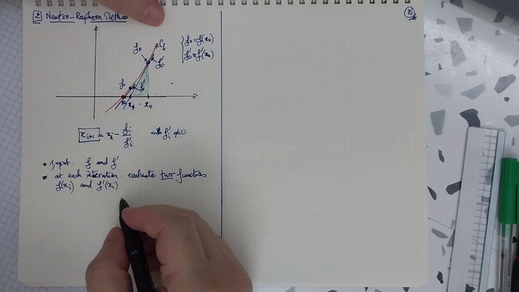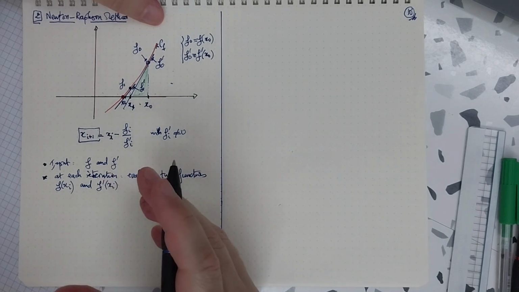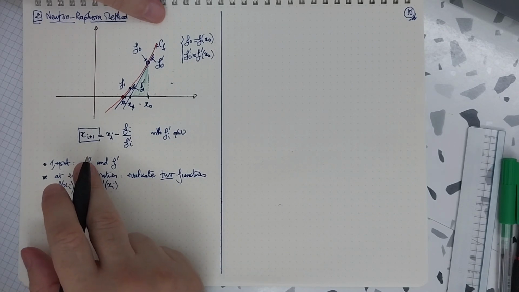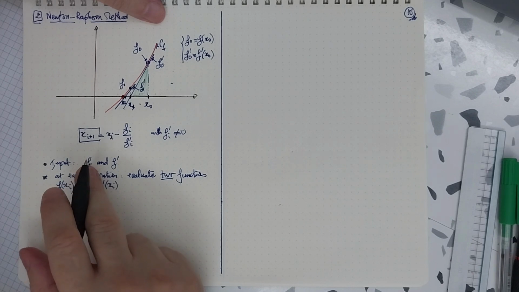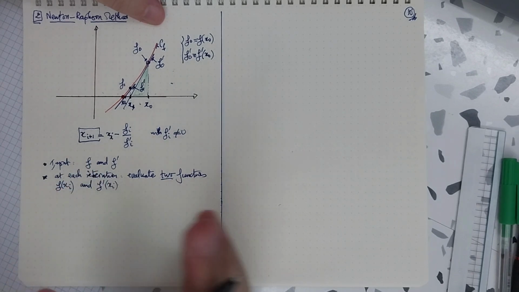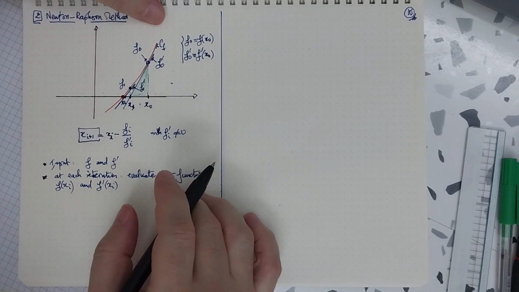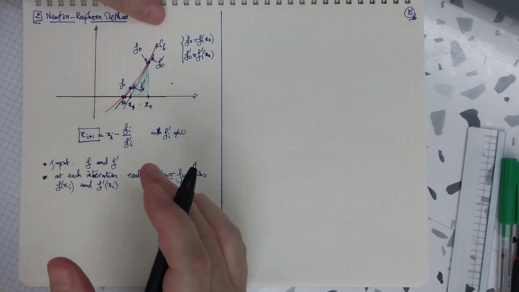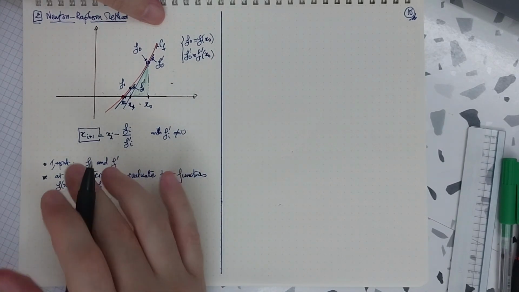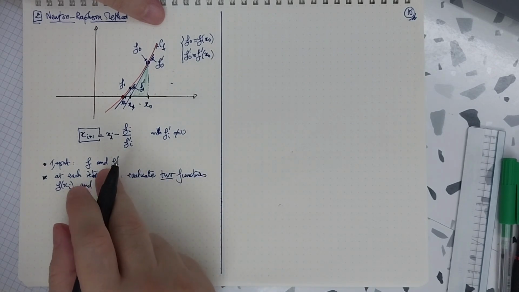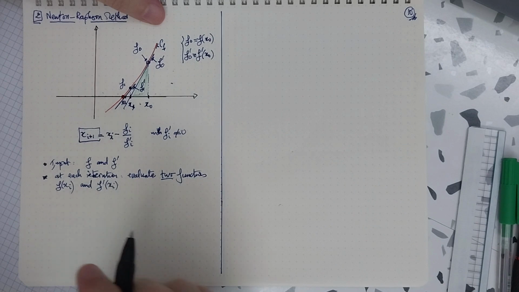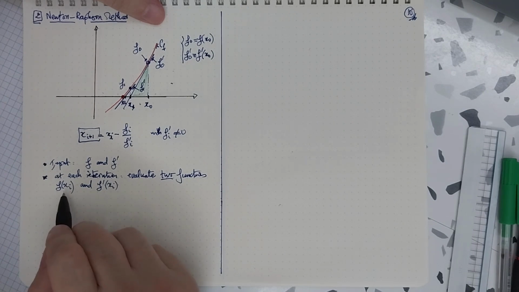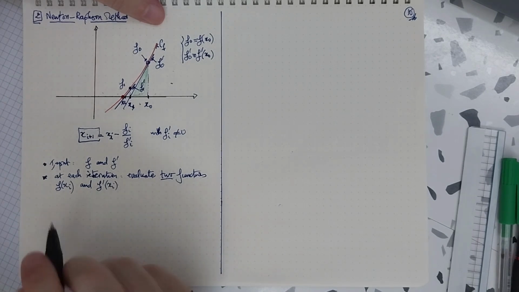So not only do you have to provide the function f prime, which is not a big deal in the majority of cases, but there are cases where you don't know the function analytically. There are cases in practice where you don't have the function itself. As we will see later in another chapter, interpolation. You know the function only in a finite number of points, and then you interpolate the function in the other points. So we don't have any way to calculate the derivative. So yeah, at each iteration, evaluate two functions, the function that represents the equation and its derivative.